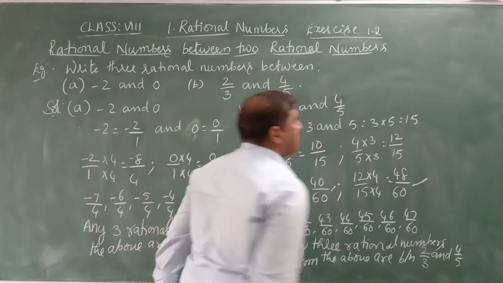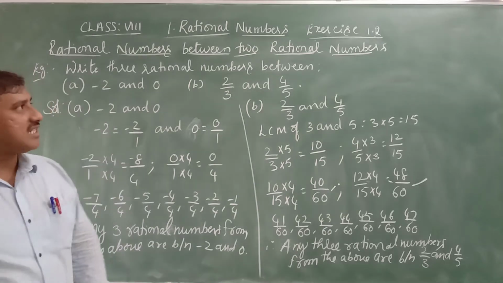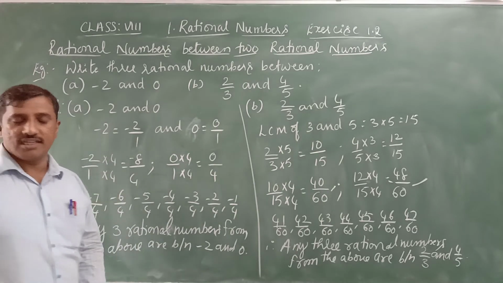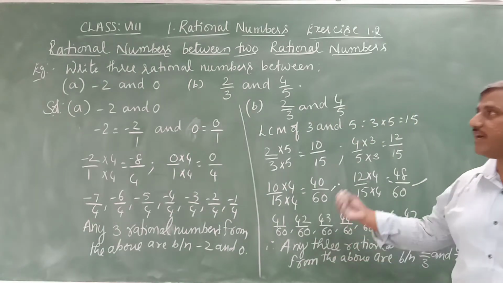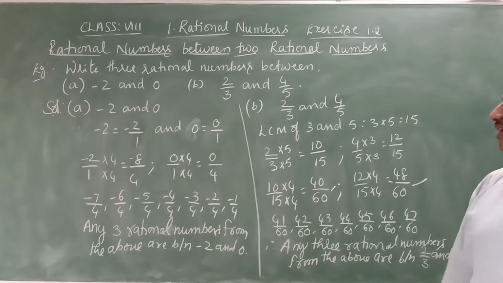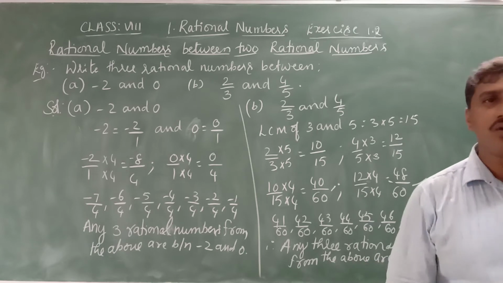So like this we will find the required number of rational numbers between any two rational numbers. We can find infinite number of rational numbers, but here they ask you to find 3. So we found 3 rational numbers. We will continue with 2 more questions.